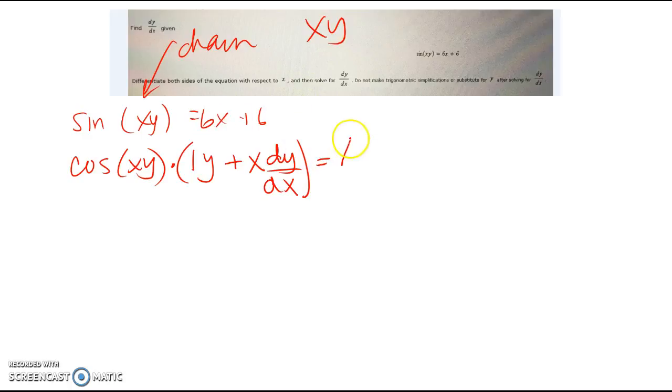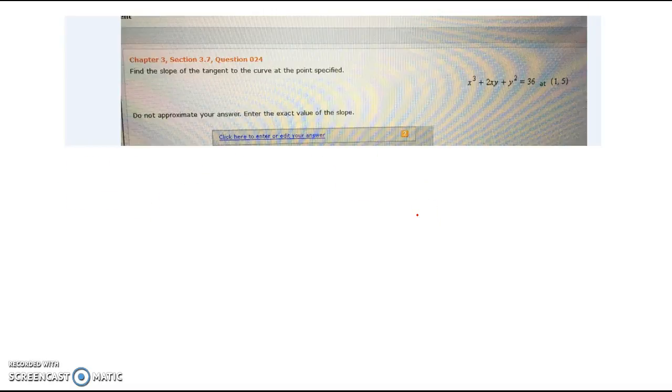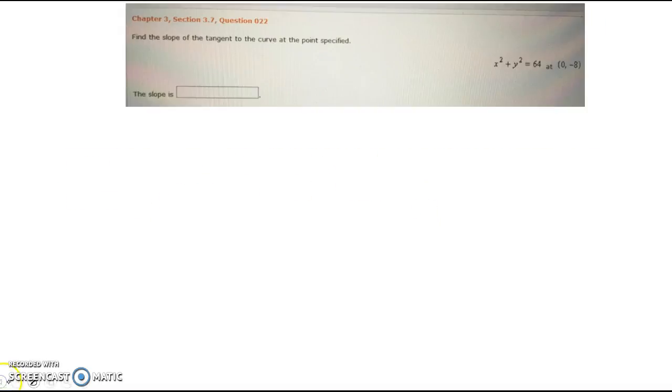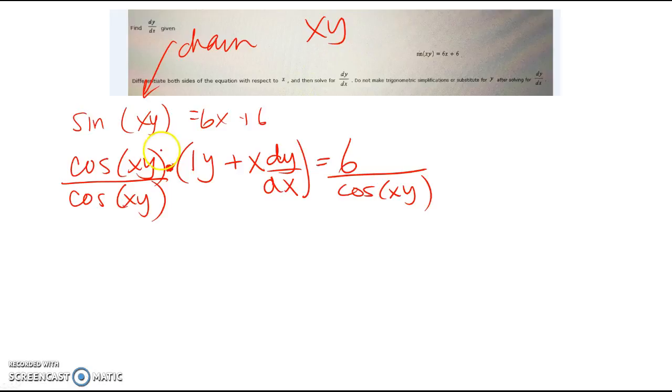and that equals 6. Notice that these are products, factors, right? So I could divide by this on both sides. See what I have there? So now it looks like 1y plus x dy/dx equals 6 over cosine xy.